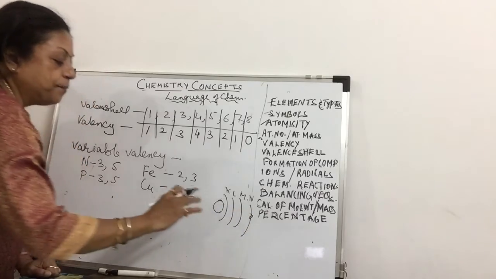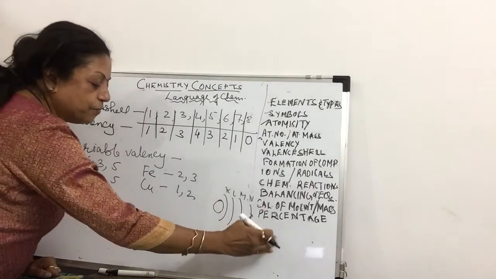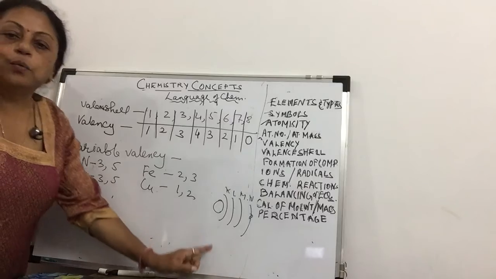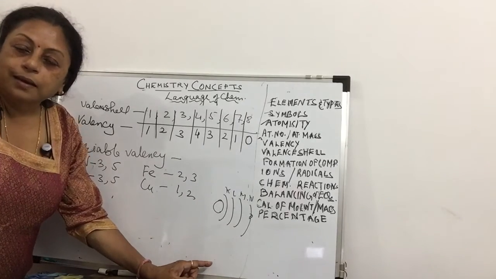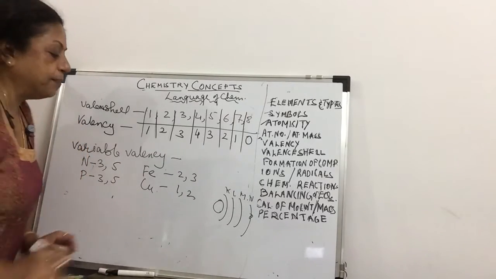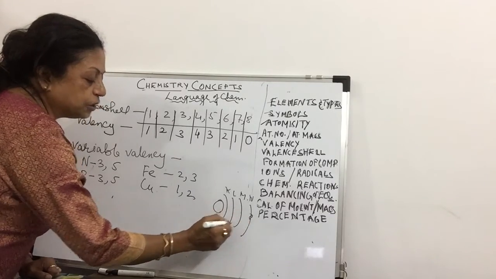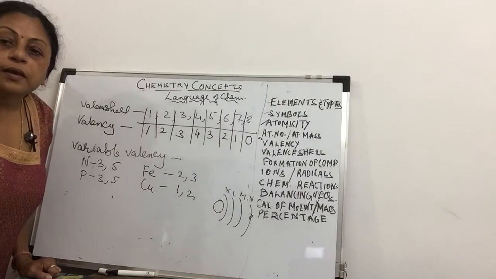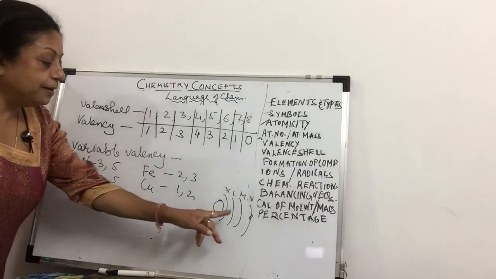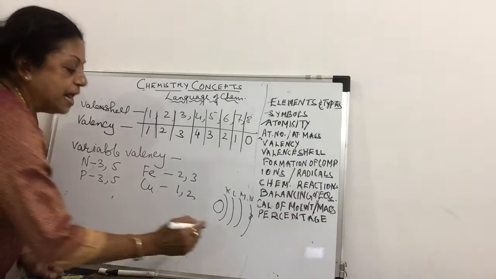It can give 1 electron and get valency 1, but sometimes they give electrons from the last but one shell, that is the penultimate shell.